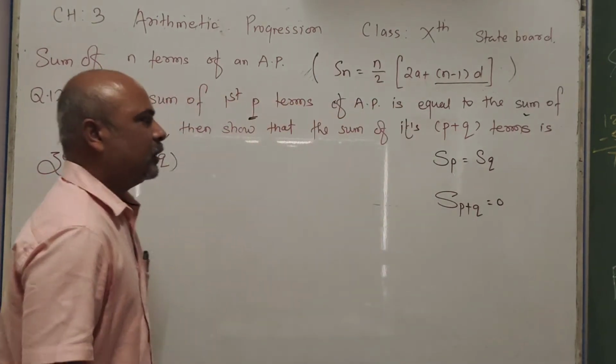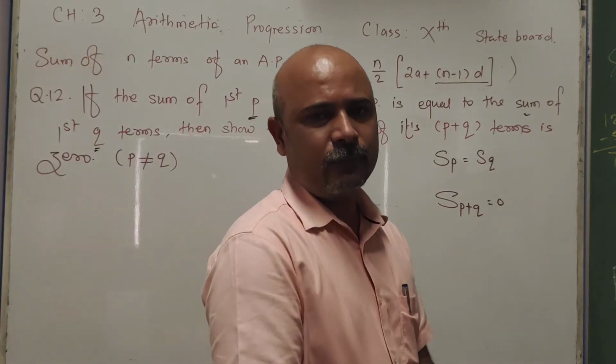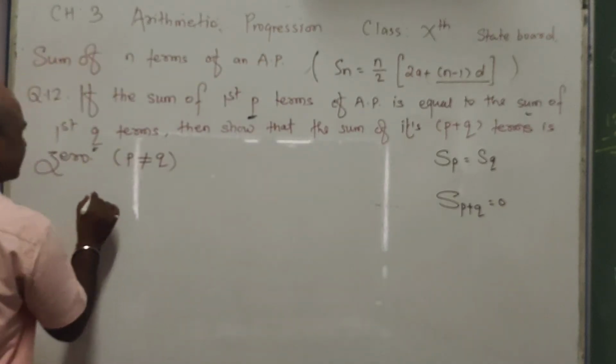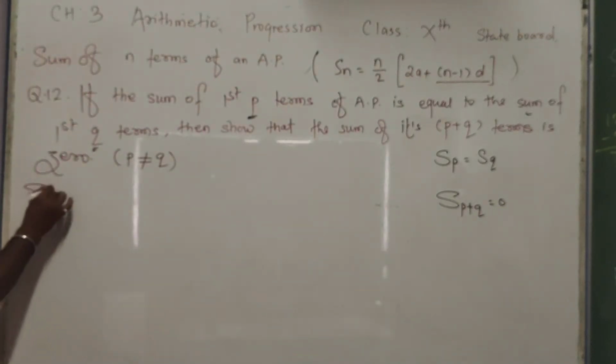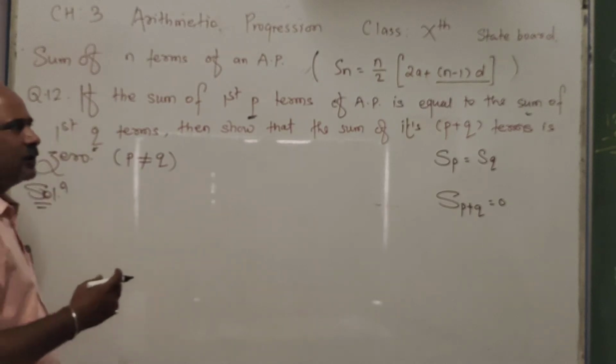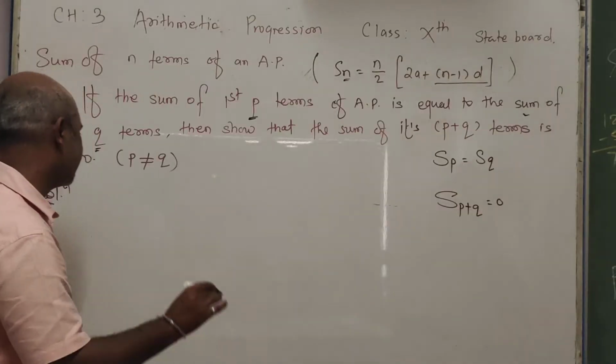Okay. Now we'll start the solution, and we will move as per the question. The solution is: we know the formula of Sn, so we'll replace n by p, and then we'll get Sp.